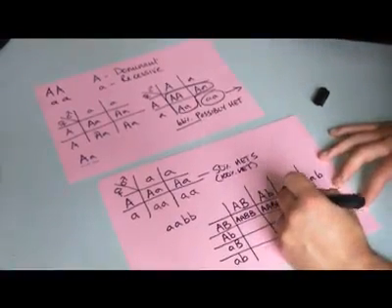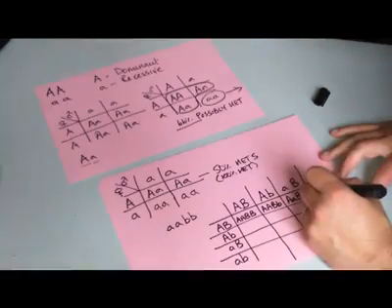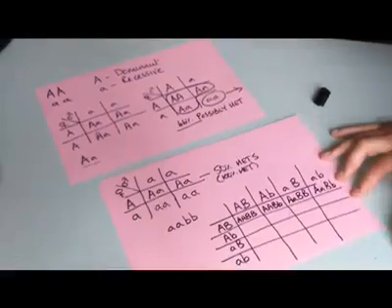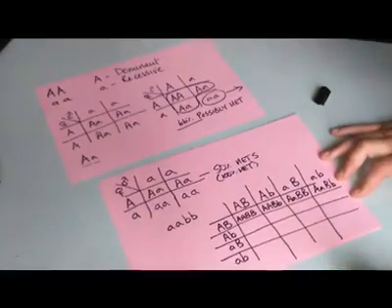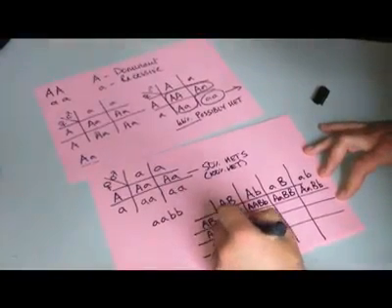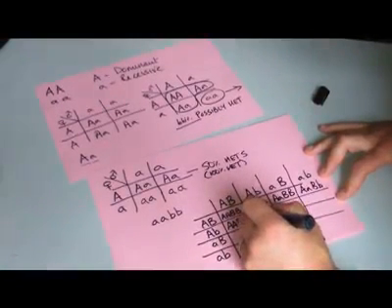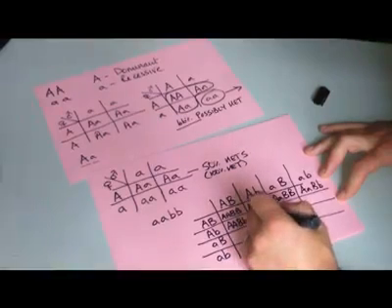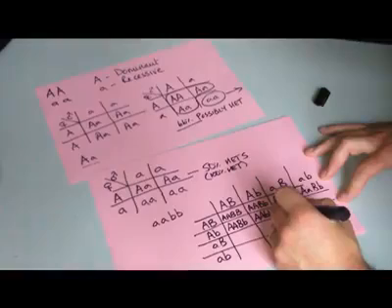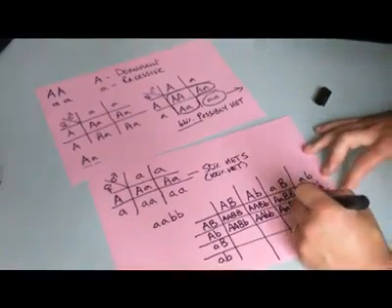This is AABB. And this is AABB. See how we're working this out? Hopefully it's making sense. So now we've got AABB. We've got AABB. There we go, you see, it's coming together.